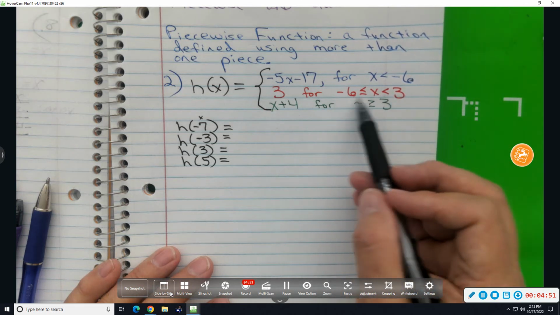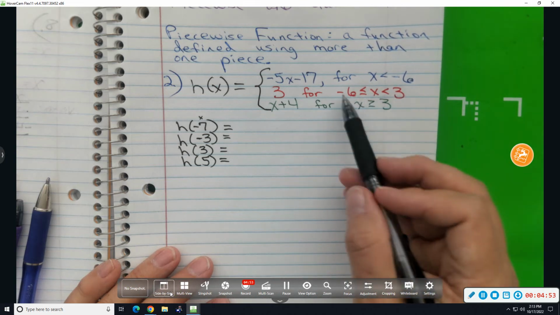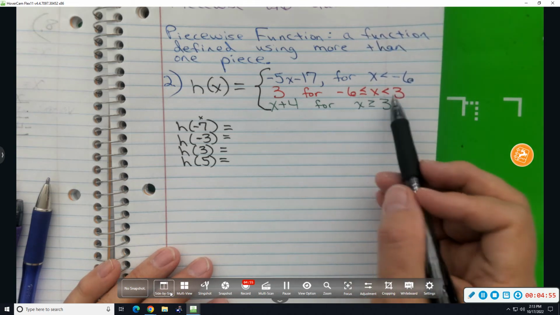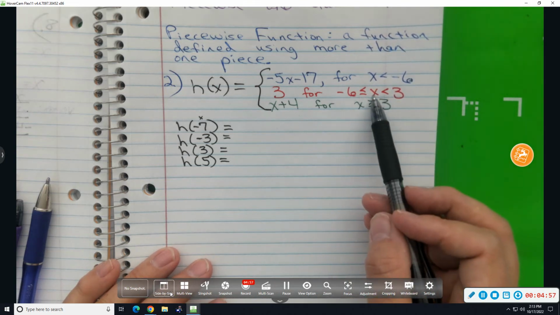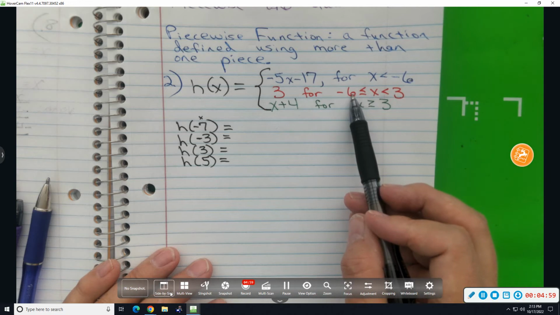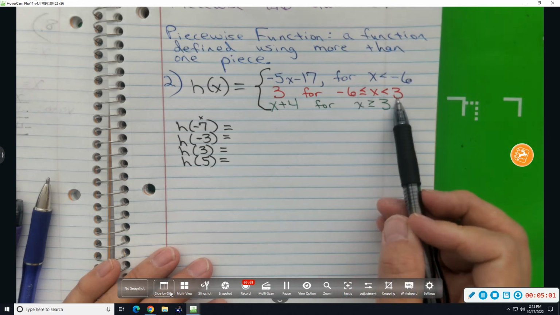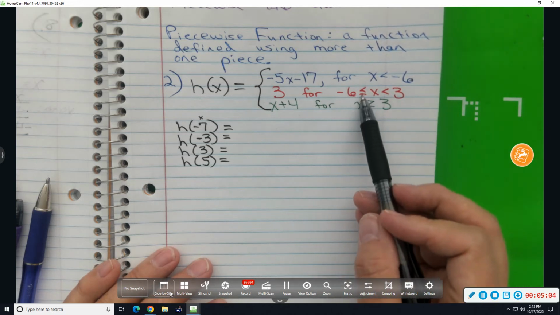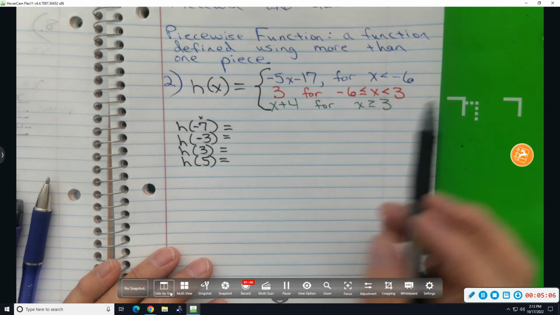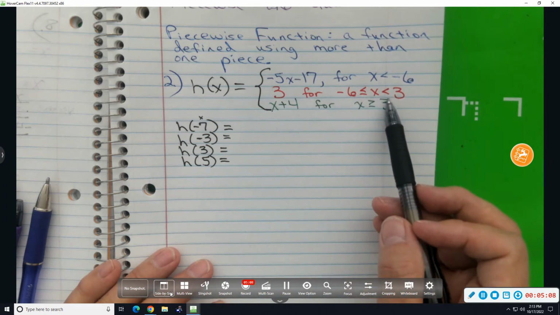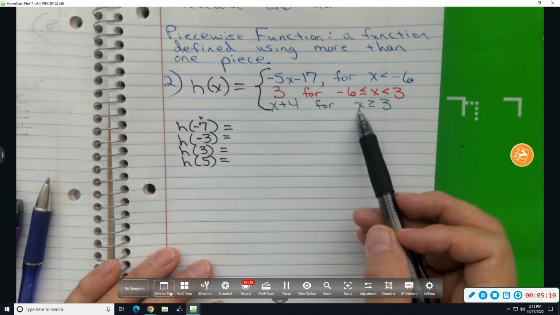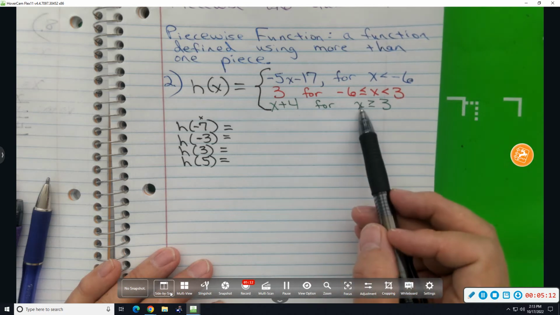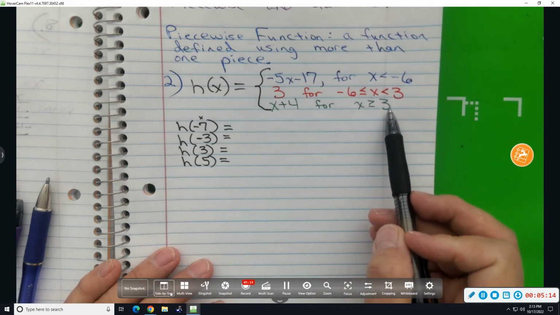When you see this compound inequality here, the thing with 2 less thans, that's saying that the number x is between -6 and +3. You would use this red piece if x equals -6, but you don't use the red piece if x is 3. Use the green piece for any x value greater than or equal to 3.